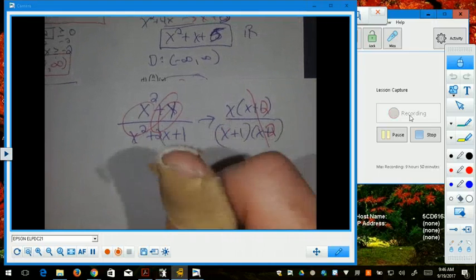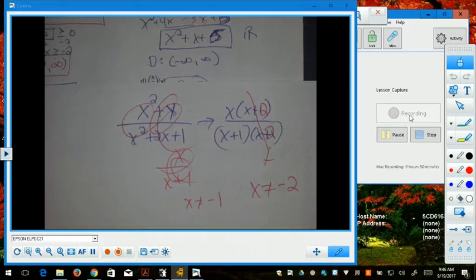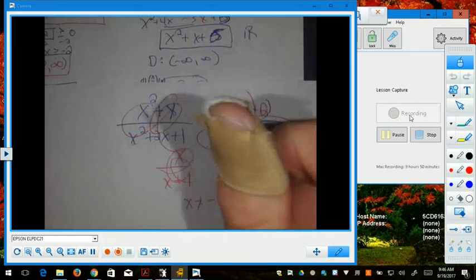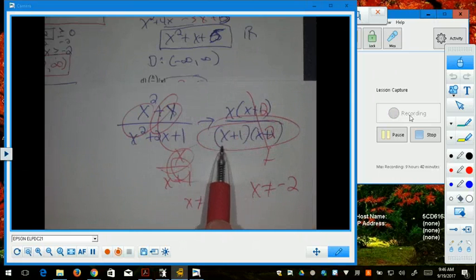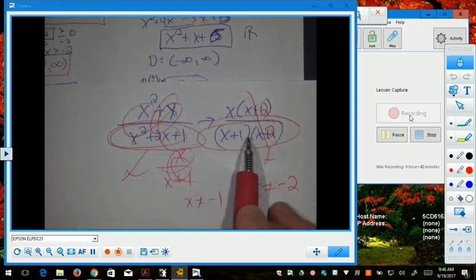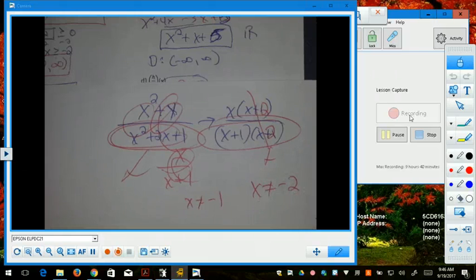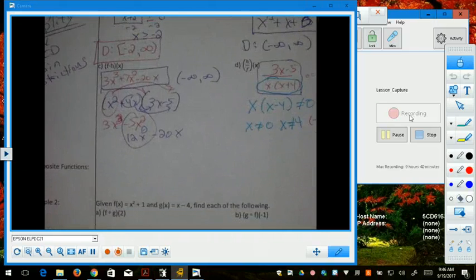In that case, there would also be that x cannot equal -2 because that's where the hole is going to be. So before you start reducing to do your final simplification, when you plug it in, you want to look right then at what your domain restrictions are. These two factors cannot equal 0. Don't reduce and then give me just one of them.